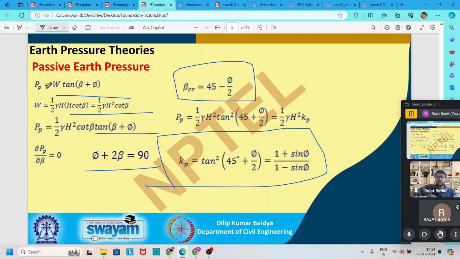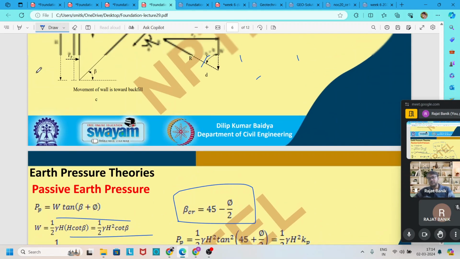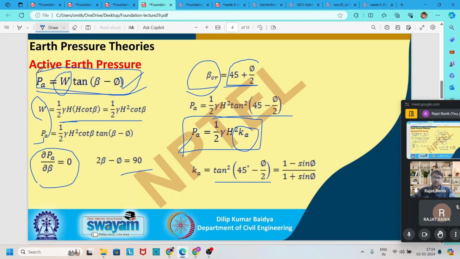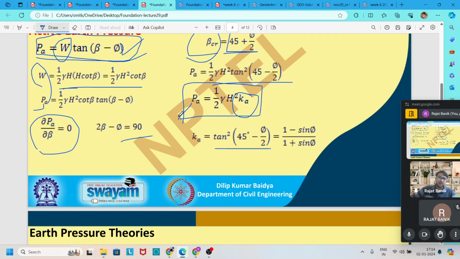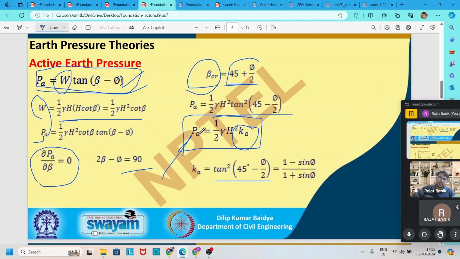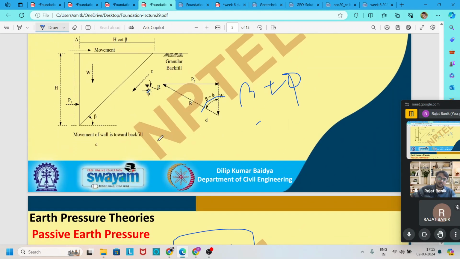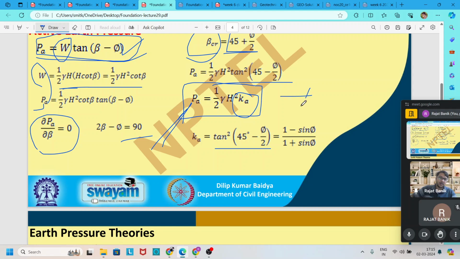So you go through this derivation once. There is nothing you have to remember here, only the last formula, that is the active earth pressure thrust and passive earth pressure thrust, which is half gamma h square into K, and this K we have to remember.